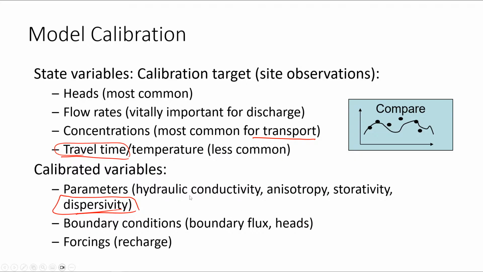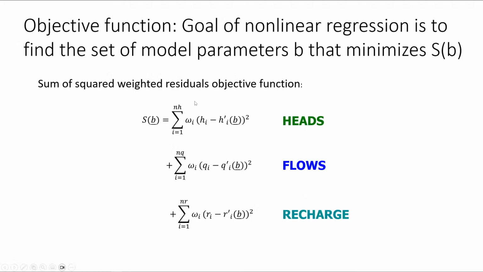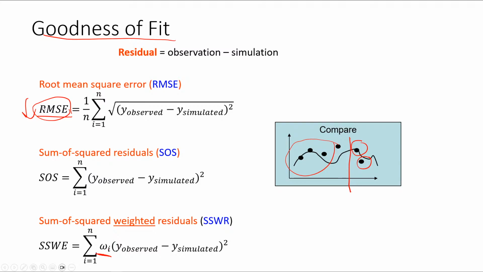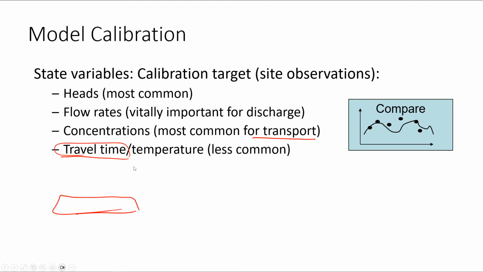That could be the calibrated parameter, and you can combine multiple targets in what we call our objective function. Your objective function could be root mean square error, and your objective is to minimize this root mean square error, or to minimize this sum of squares, or this sum of squared weighted residuals.